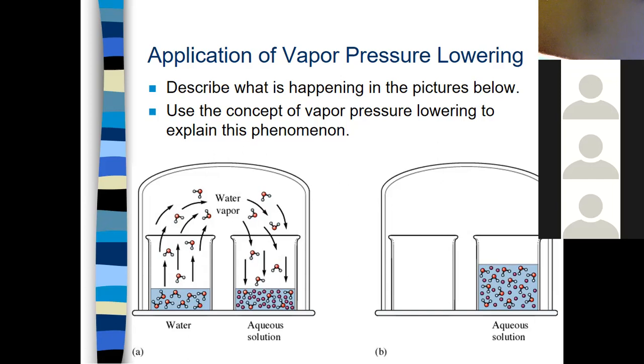There is evaporating and condensing in both beakers, but in the water beaker, there's more evaporation than condensing. In the aqueous solution, there's more condensing than evaporating. So therefore, ignore the smaller process in each beaker. Okay, I hope that makes sense. Does anybody have a question about that?